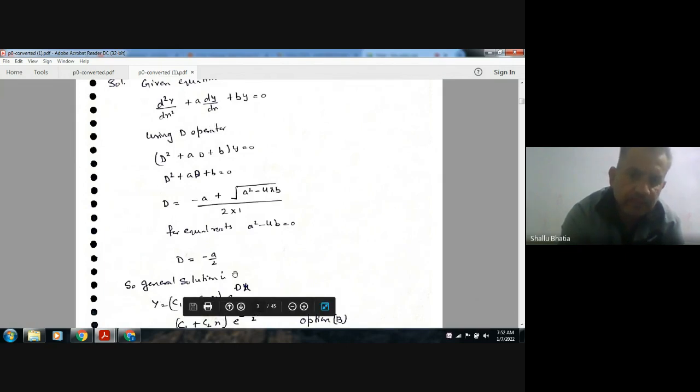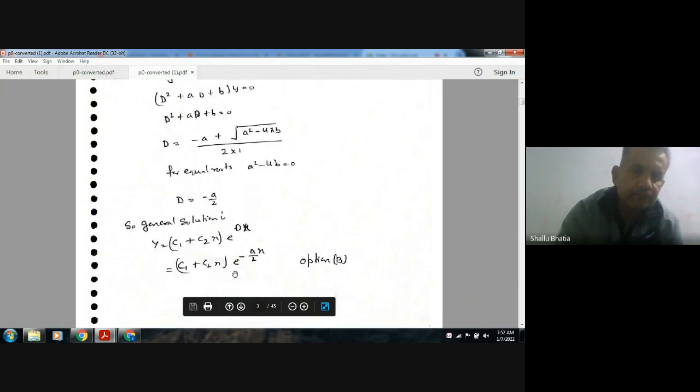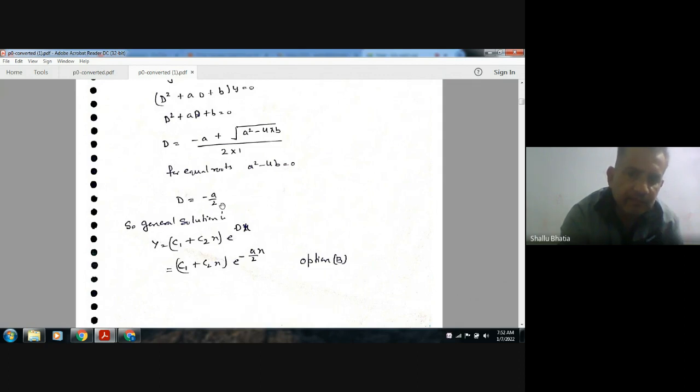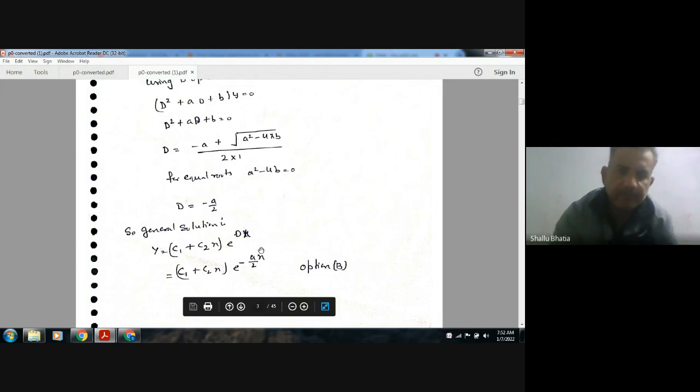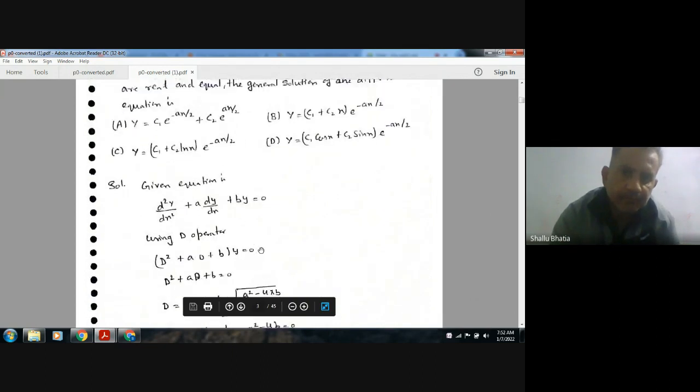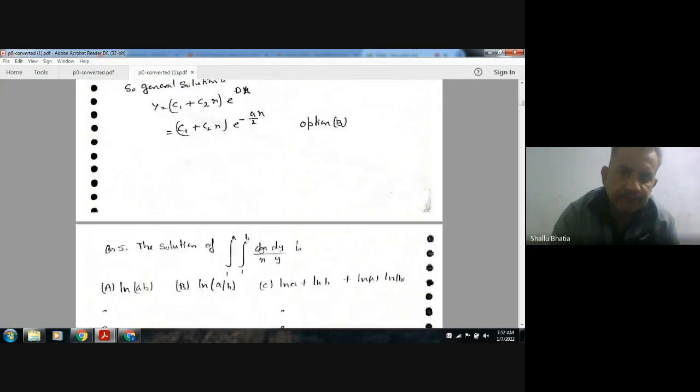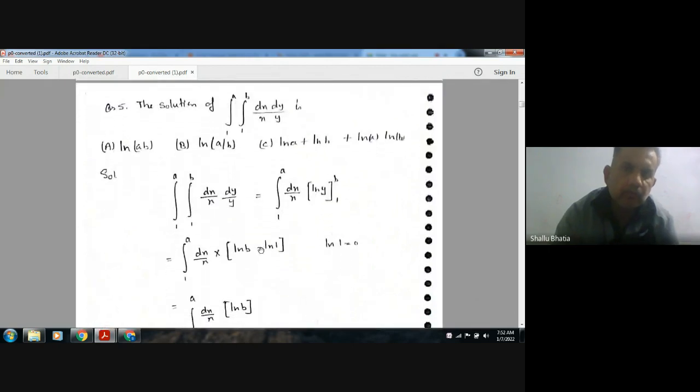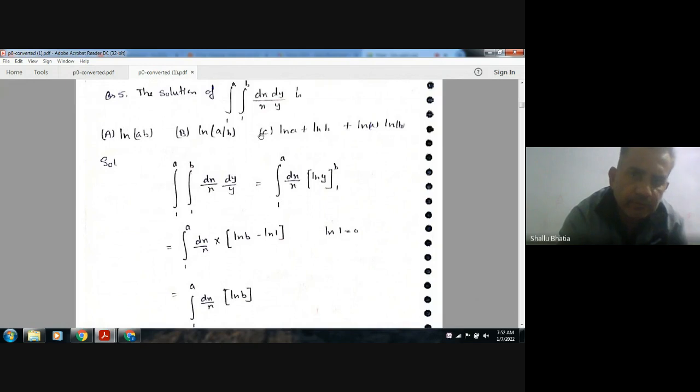For equal roots, the general solution is (c1 plus c2 x) e to the power dx, and d is nothing but minus a by 2. So the answer is option B.